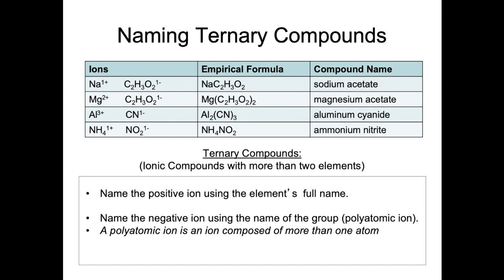To name these types of compounds, first you use the positive ion's full name, just like always, and then you tack on the name of the polyatomic ion. Looking at our first example, we have Na+1, that's sodium, and then C2H3O2 -1. The name of that ion is acetate, so the compound's name is sodium acetate.